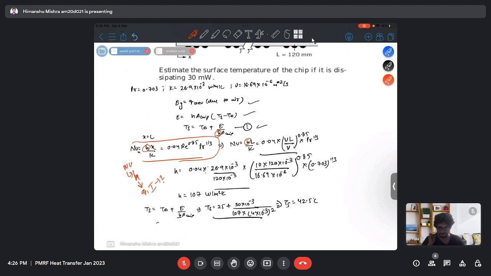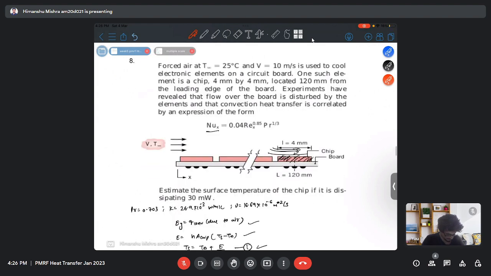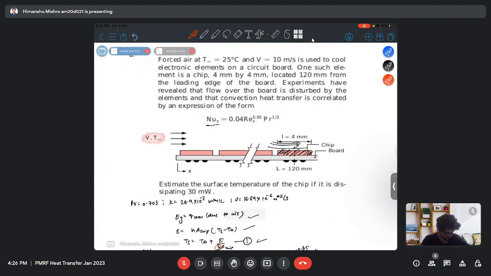Sir, can you show that schematic, that diagram? Yeah. So this is the cross section over which the air is flowing.